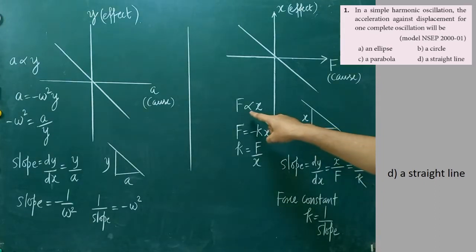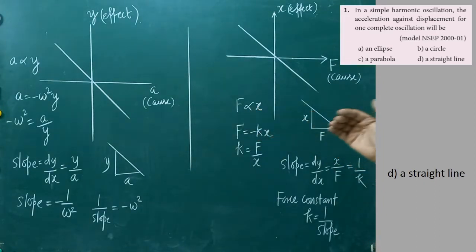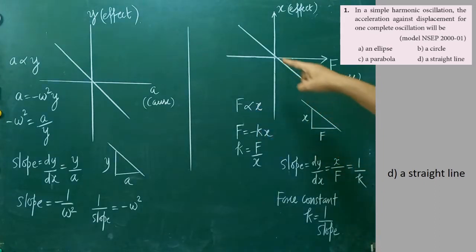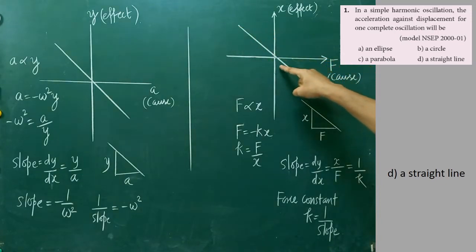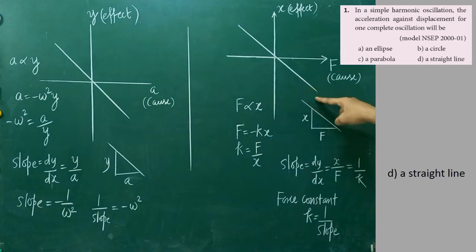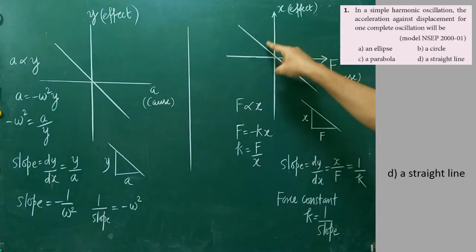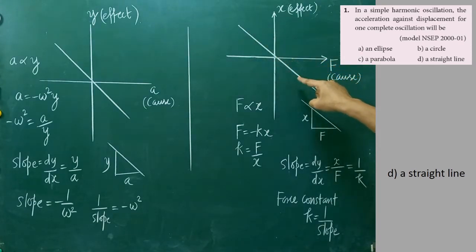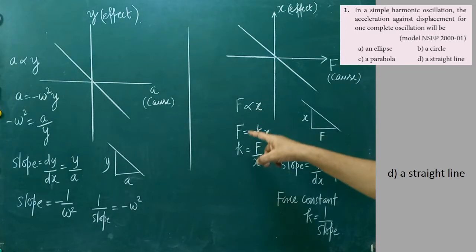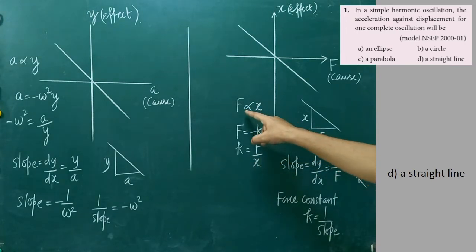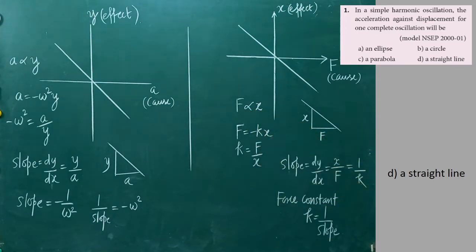So here these two have a linear relationship. Are you clear? When displacement increases, the restoring force increases in the opposite direction. That's why this part is drawn for displacement and this part is drawn for restoring force, and on the whole you will get a straight line. So here restoring force and displacement are both directly proportional to one another.